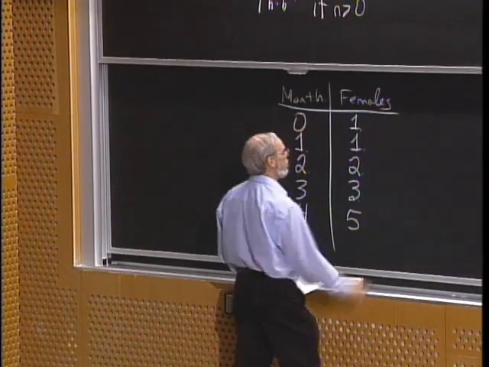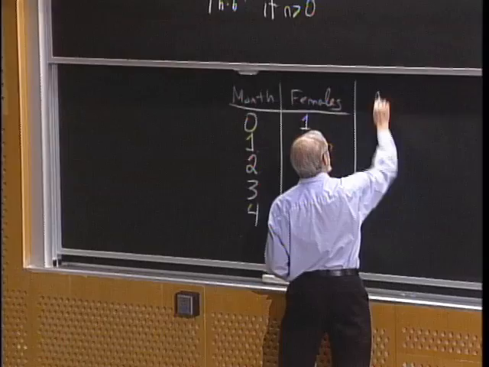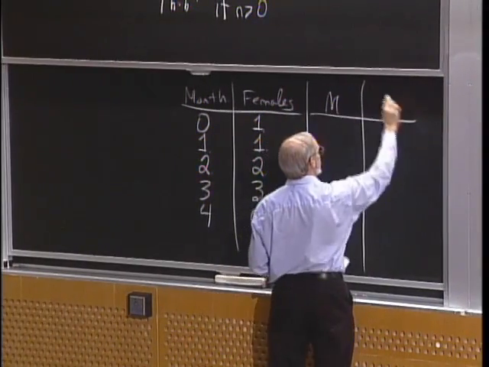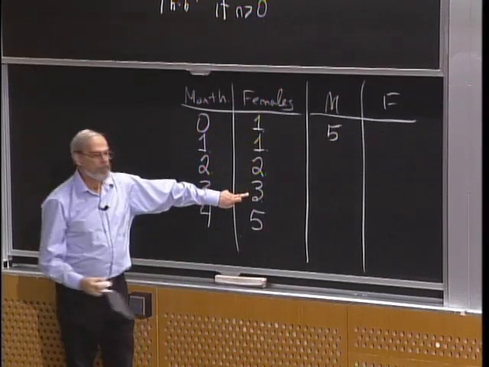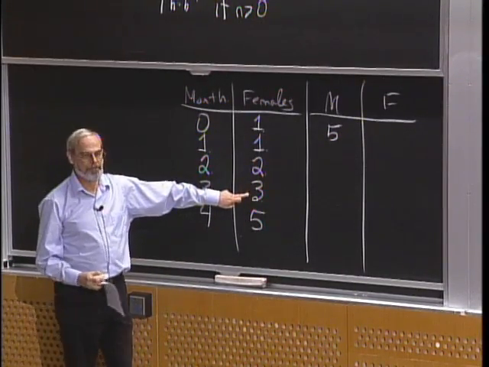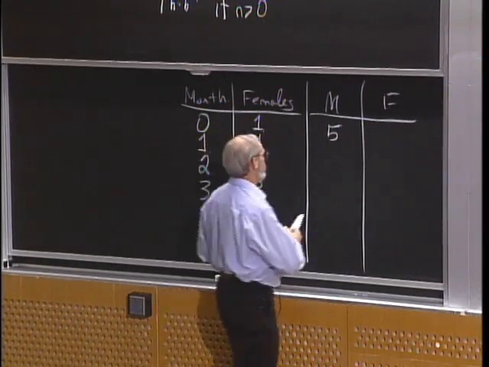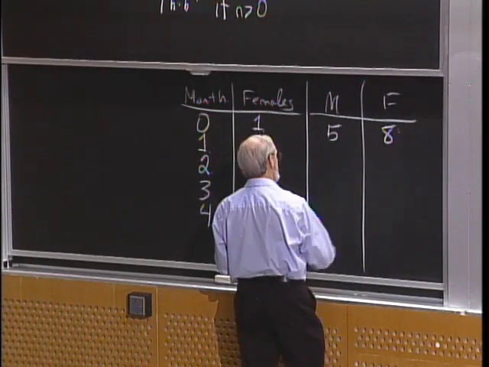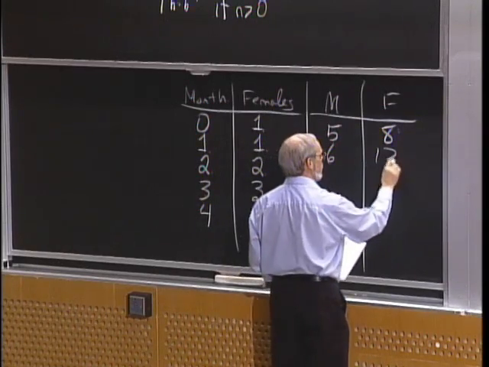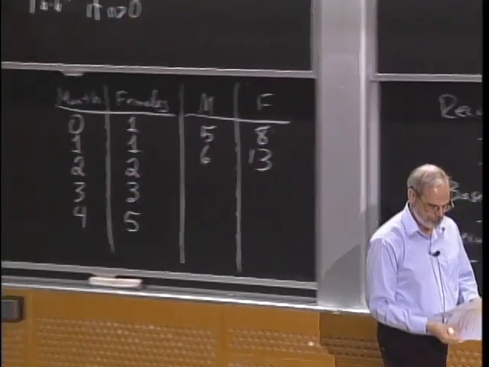There are 5. At the end of the 5th month, those 3 females have produced offspring. Those 5 are now pregnant. There are 8. And at the end of the 6th month, there are 13.